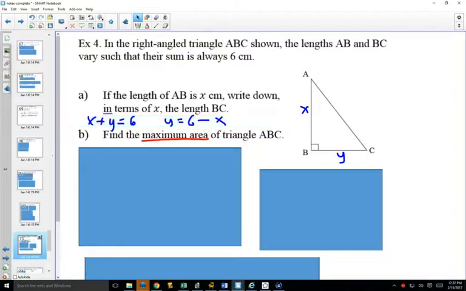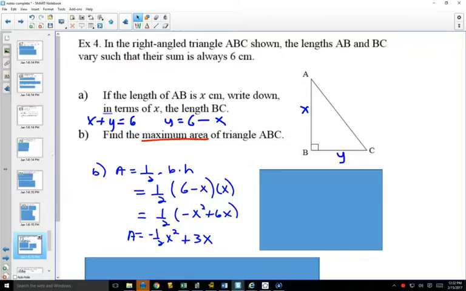So y is equal to, well, if the two add up to 6, then this y is going to equal 6 minus x. And then when you set up your area of a triangle, it is base times height divided by 2. Now we can write the base as 6 minus x, the height as x. Multiply that out, and we get 1/2 x squared plus 3x.